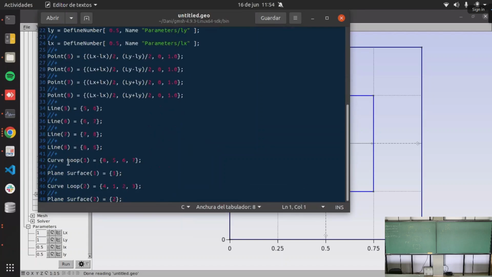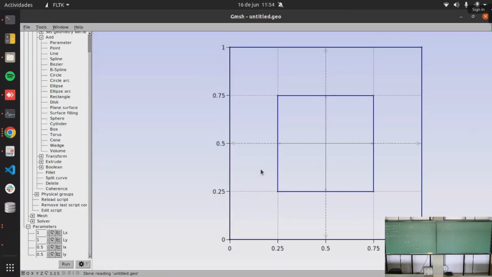That creates a curve loop. And after that, a plane surface. This is a 2D entity. And after that, I want to extirpate this area. So we need a Boolean operator.